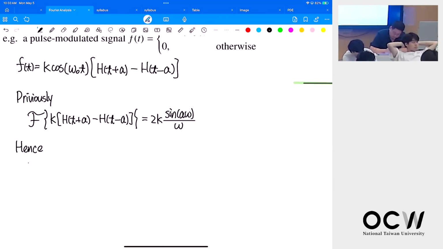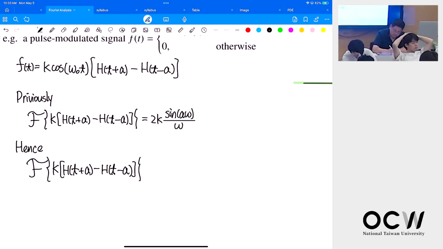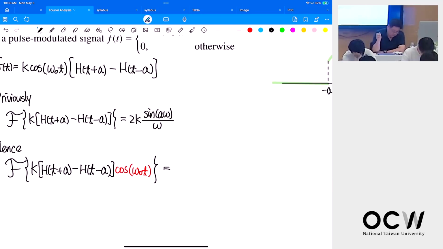Therefore, the Fourier transform of your pulse modulated signal, times cosine omega naught t: the magnitude will be half of that, so I get k, and the frequency shifts to the right by omega naught and also to the left by omega naught.